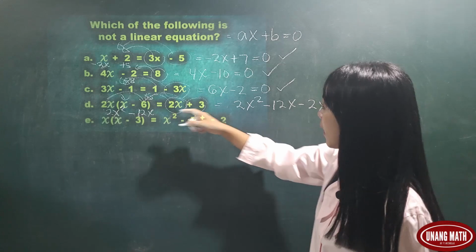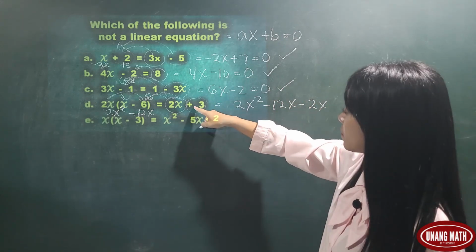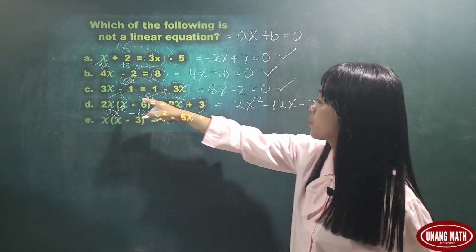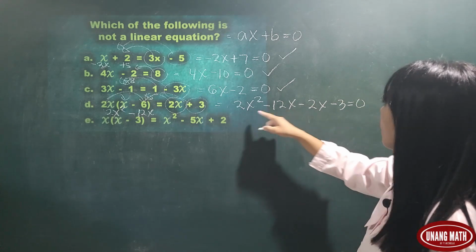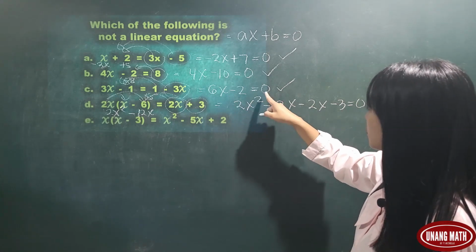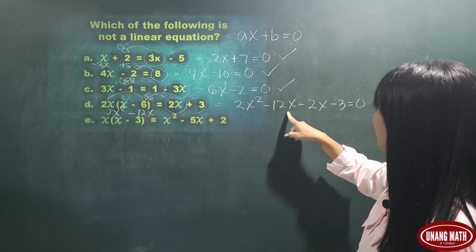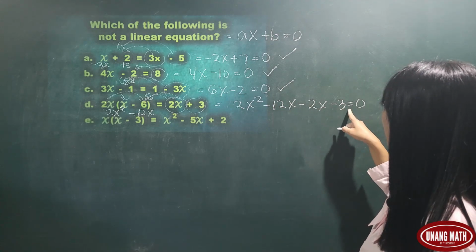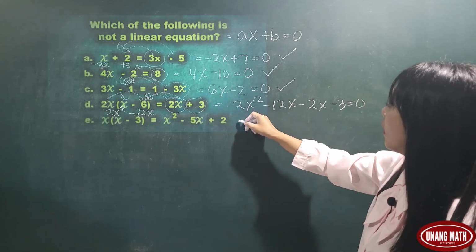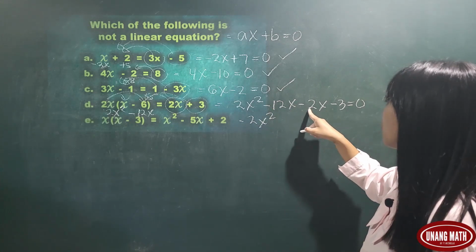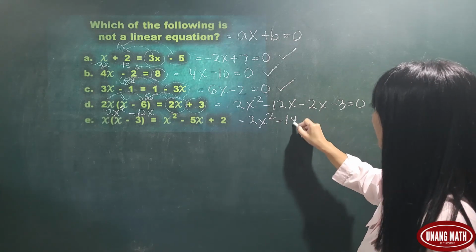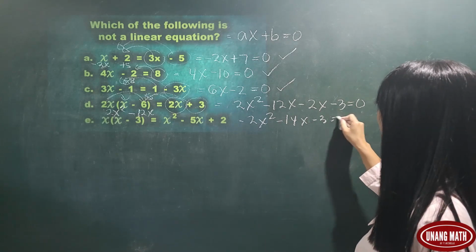And then we have positive 3, so when we transpose, it becomes negative 3. So minus 3. This is equal to 0. So 2x squared minus 12x minus 2x minus 3 is equal to 0. So 2x squared, negative 12x minus 2x, this is negative 14x minus 3 is equal to 0.